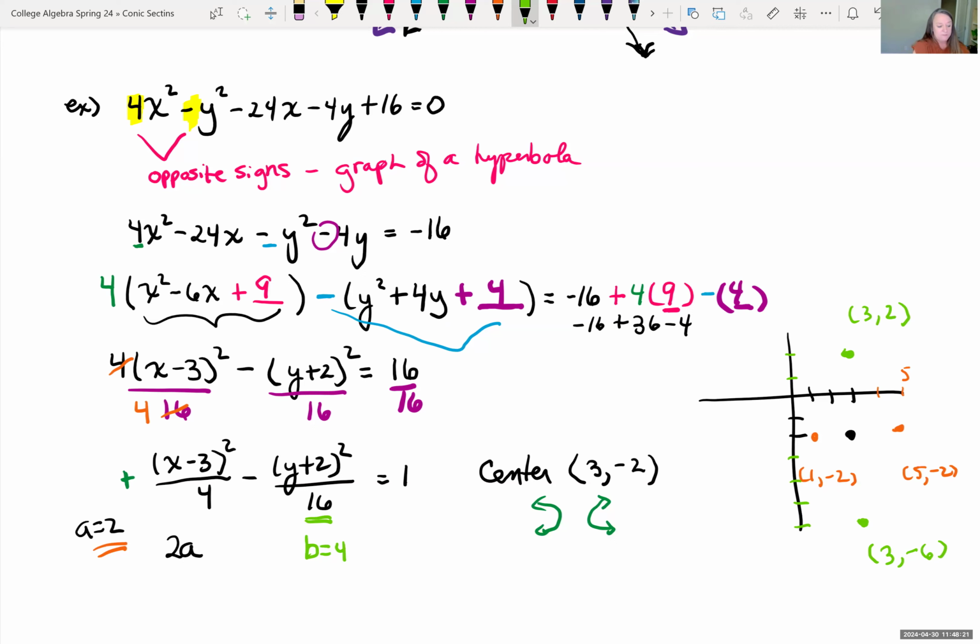So from here, we're going to form our rectangle, make a box with these points. So you're going to get the height and width by these points. We can draw our asymptotes by going through that diagonal in the center.